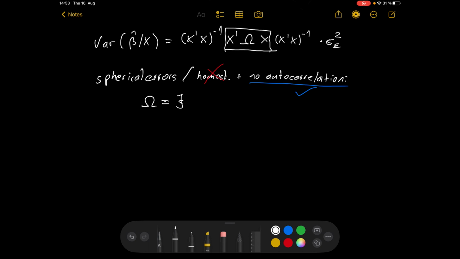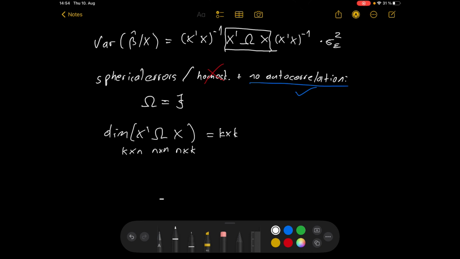And what dimension does this matrix have? X prime omega X. X prime is a k by n matrix. Omega is an n by n matrix. X is an n by k matrix. So the dimension of this thing is a k by k square matrix, where k is the number of coefficients we've got, so the length of beta, so to say.